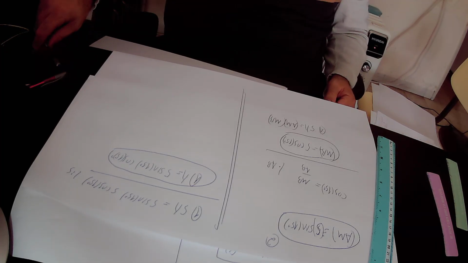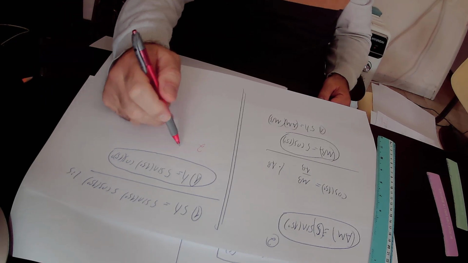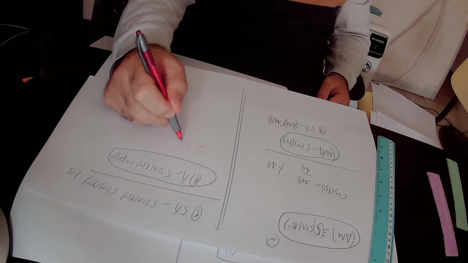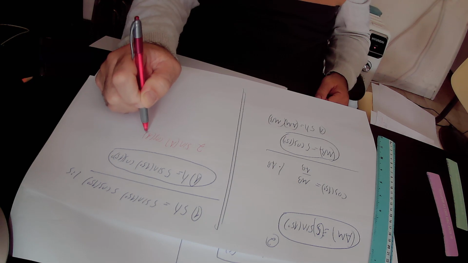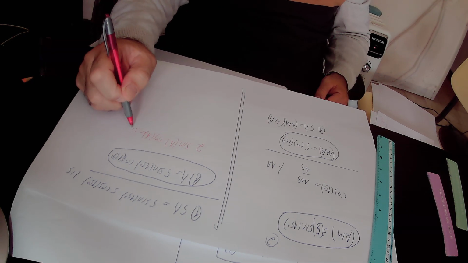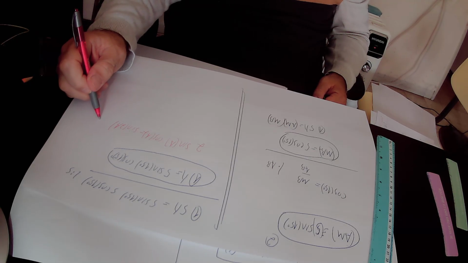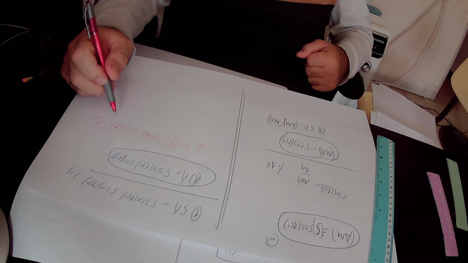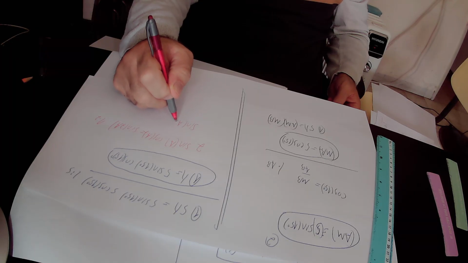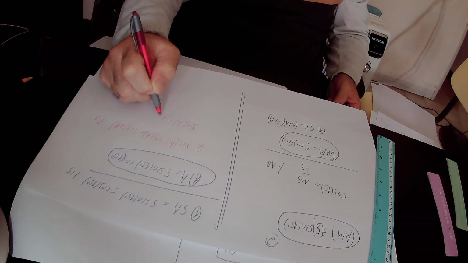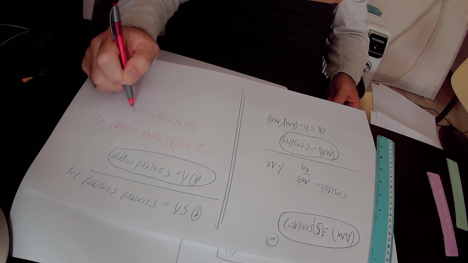Actually, we have the trigonometric identity that says that 2 times sine A cosine A equals sine 2A. Here we divide this equation by 2, and finally we get sine A times cosine A equals sine 2A over 2.